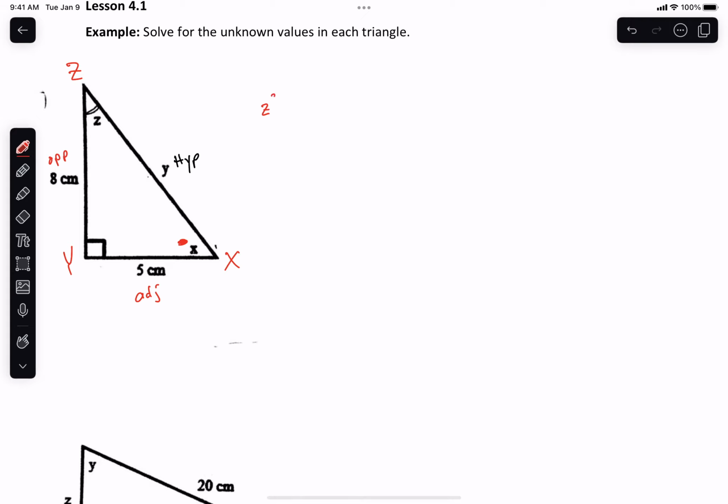z squared plus x squared. A more familiar version of that would be a squared plus b squared is equal to c squared. It's just specific to how they've labeled this triangle. It's z squared plus x squared is equal to y squared.